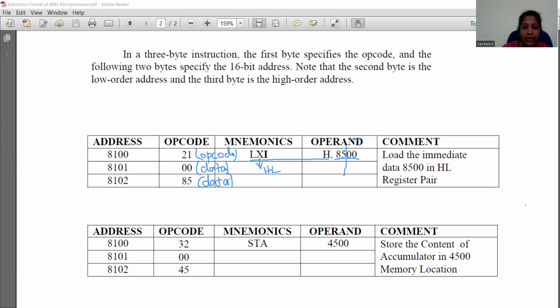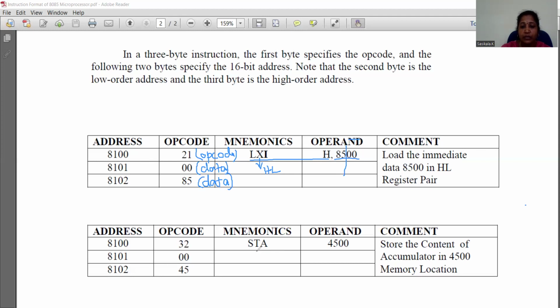So this LXI H, 8500 instruction has one opcode plus 2 data parts. This instruction occupies 3 memory locations. That's why it is called a 3-byte instruction.